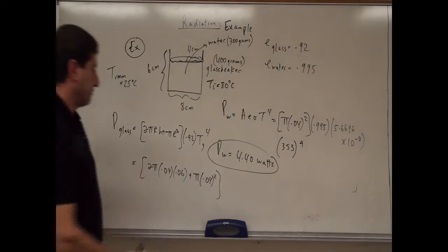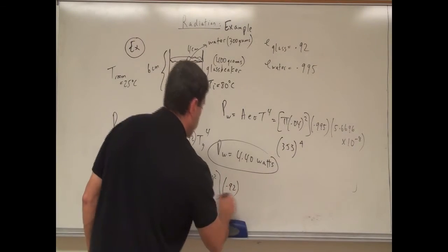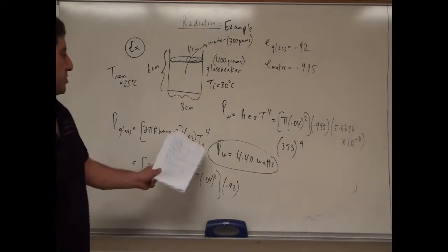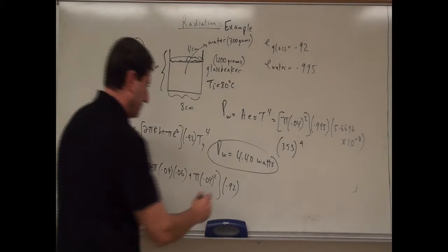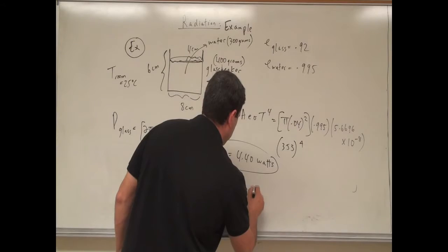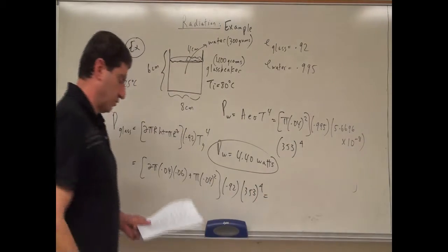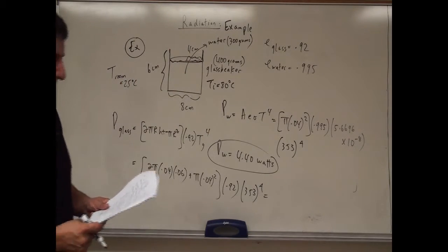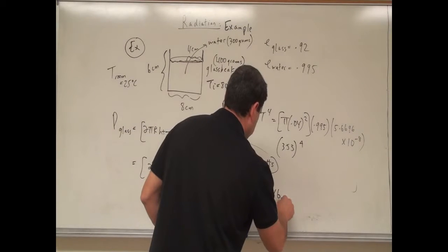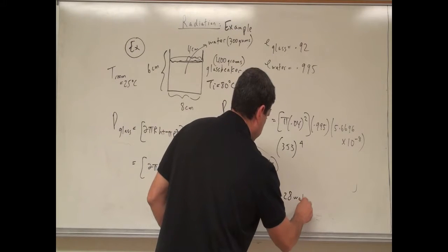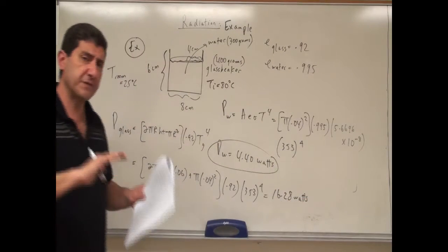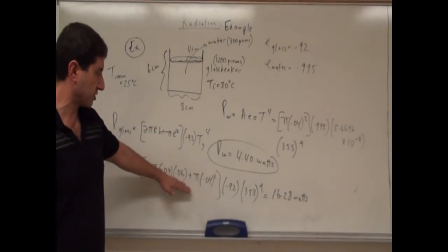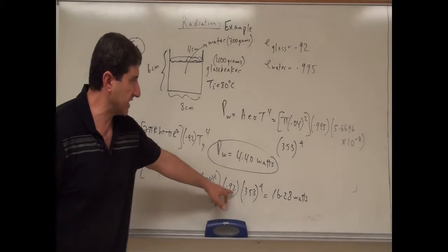Okay, then we multiply that by 0.92, the emissivity of glass, and then the temperature of the glass is also 353 to the power 4, and then when we calculate that, we get 16.28 watts.